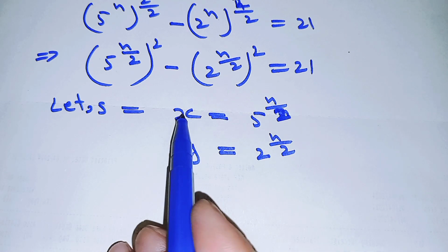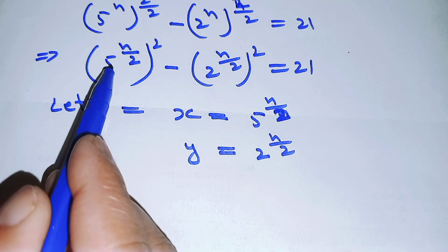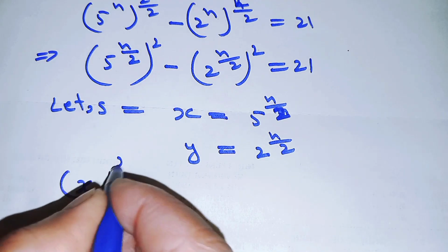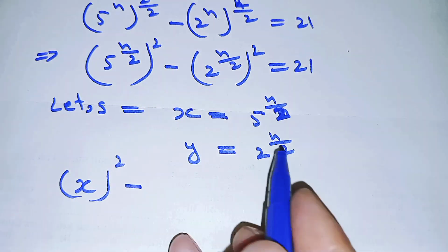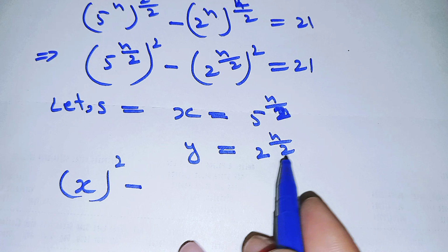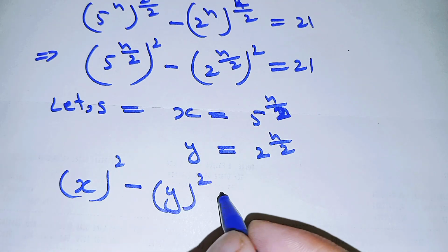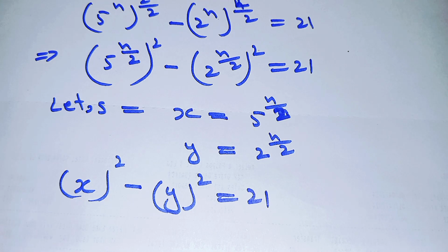Now we put these values. So 5 to the power of n over 2 is x, giving x squared, minus 2 to the power of n over 2 is y, giving y squared, is equal to 21.